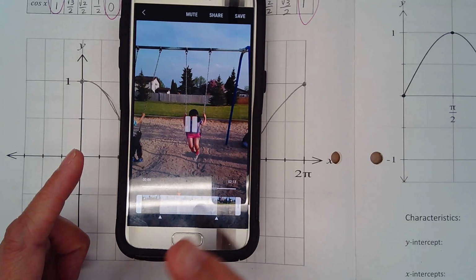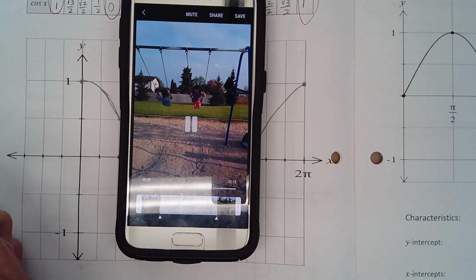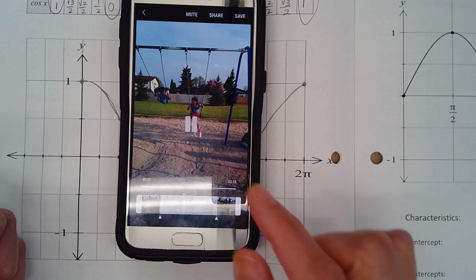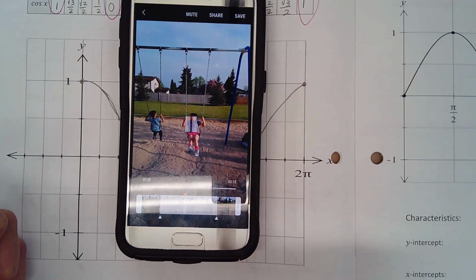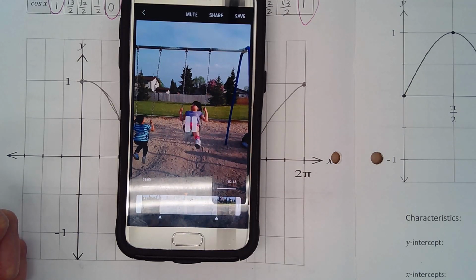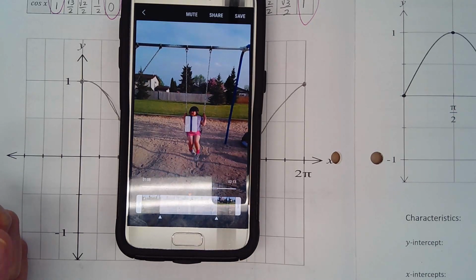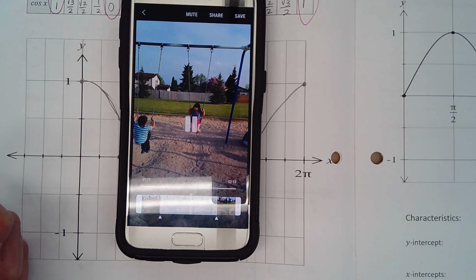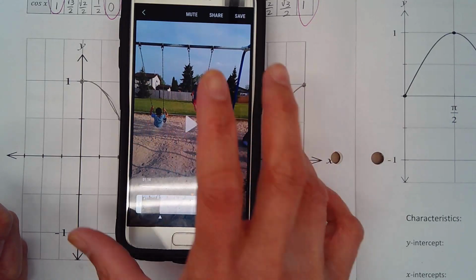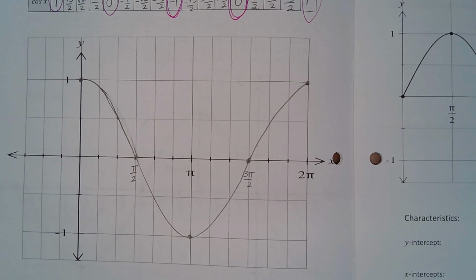Maximum farthest away, minimum closest, and when she's somewhere vertically right there, that's the median. That's where the middle is. Minimum, maximum, oh no, median. See? You're sick of that after. You can only see it a few times.